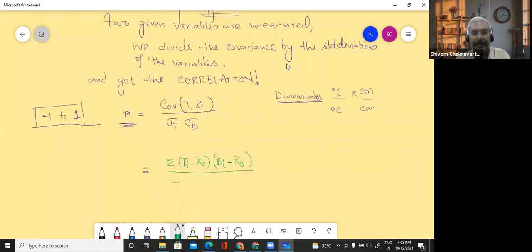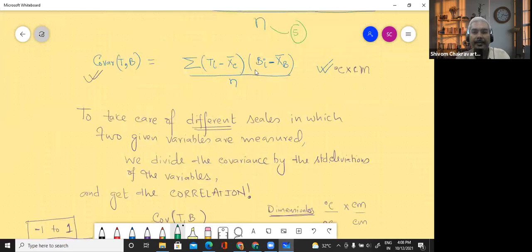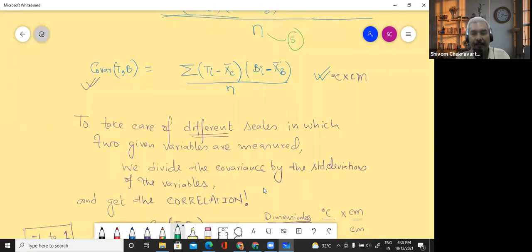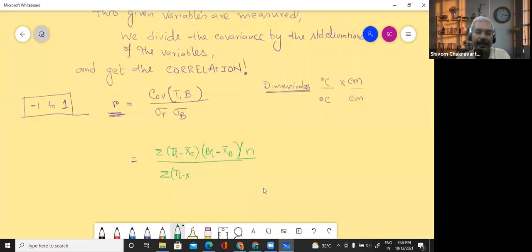Divided by, it will be the summation of pi minus. So this divided by n, of course. So the numerator is covariance. That is what we did in covariance. This divided by n, divided by the standard deviation of this.